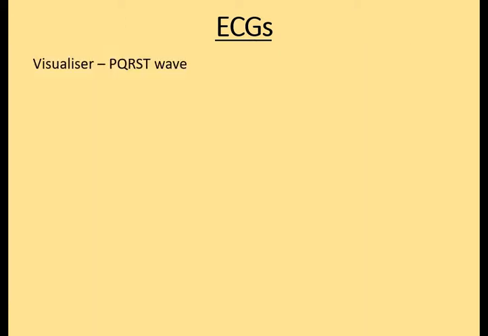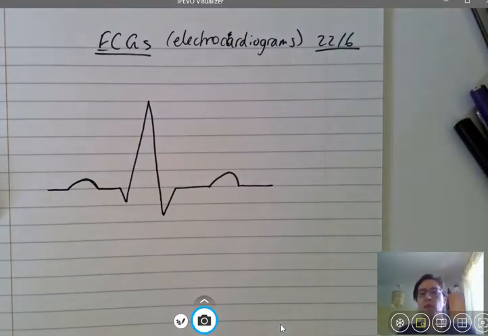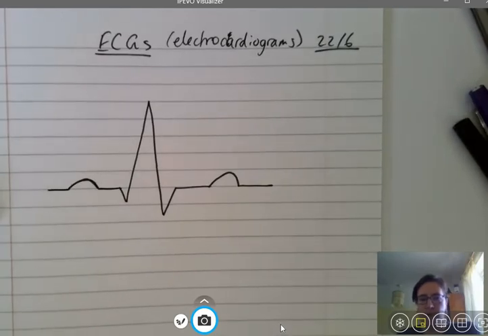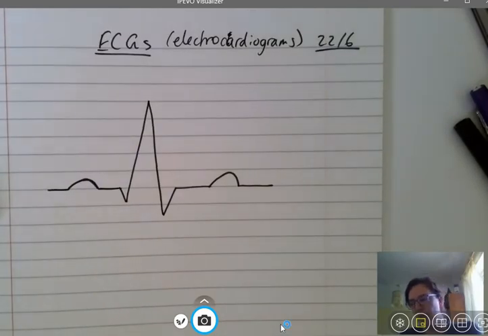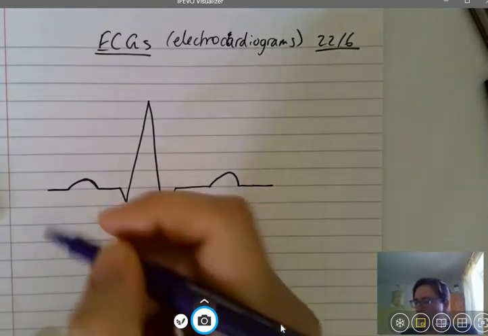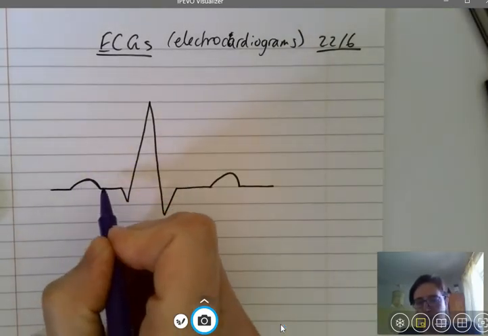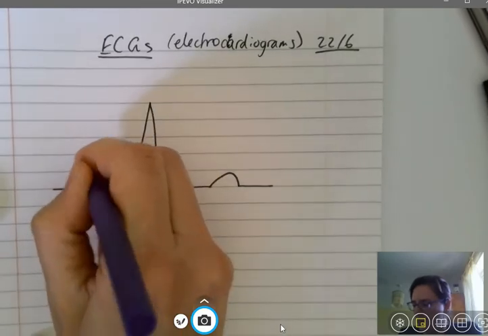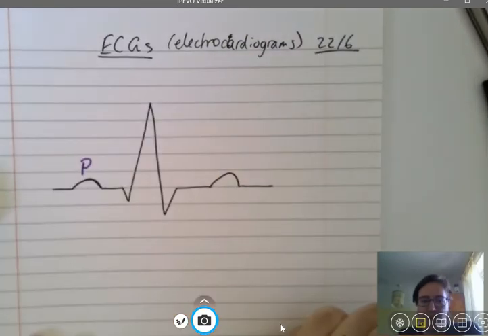So I'm just going to switch over to the visualizer. So we can consider a single ECG wave like this. This is obviously an overly exaggerated, simplified version, but it has these different segments to it. So we start off with this little bump here. This is known as the P wave.